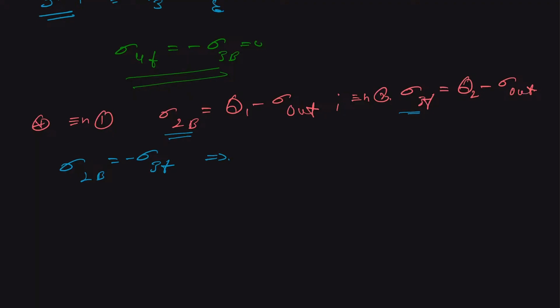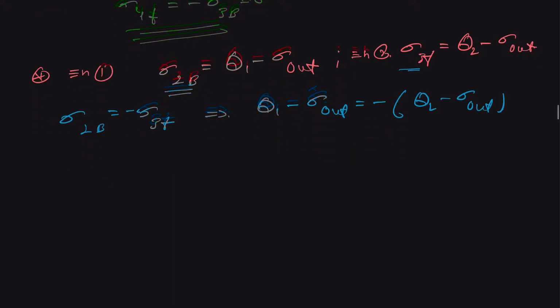Therefore, with respect to the negative sign, we can just equate them. So we can say Q1 minus the charge density for the outer surface is equal to the negative of Q2 minus the charge density for the outer surface.